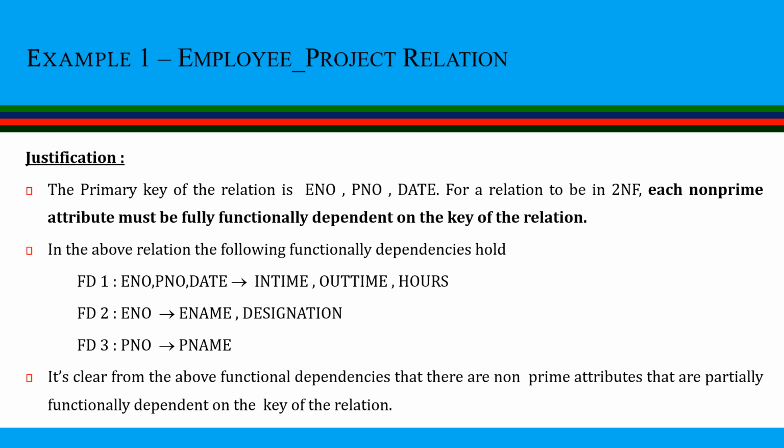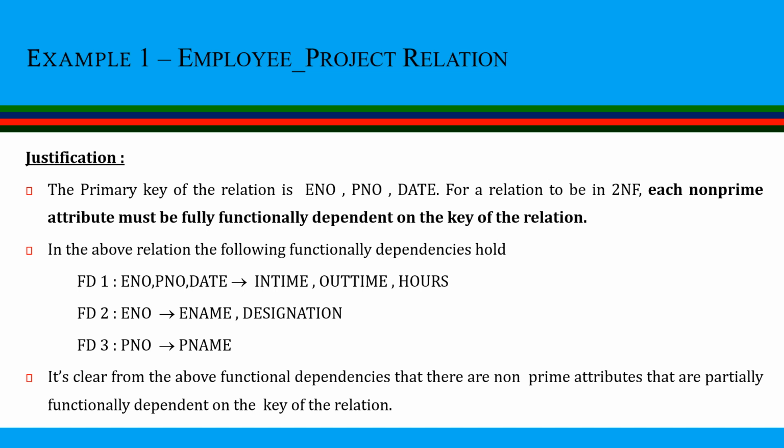Okay, fine, that FD1 is fine. Then in FD2 we are taking only one attribute from the key. E number implies E name, designation. P number implies P name. So it is clear from the above functional dependencies that there are non-prime attributes that are partially functionally dependent on the key of the relation.